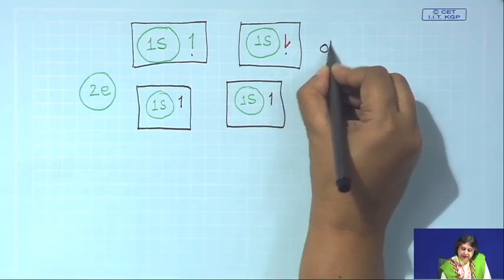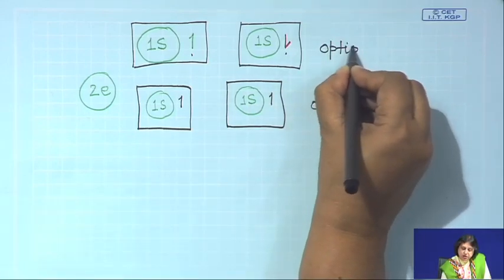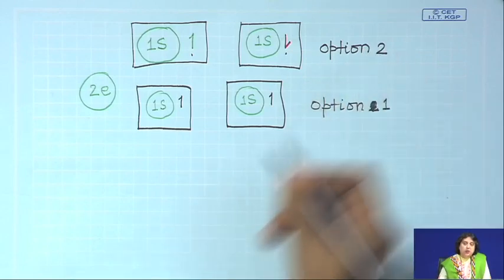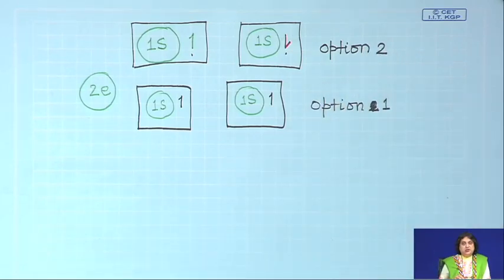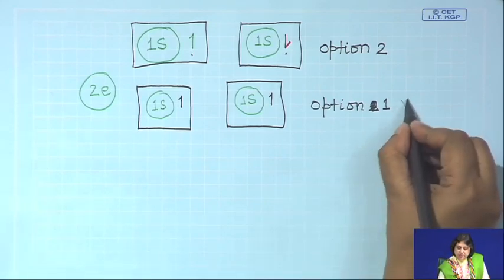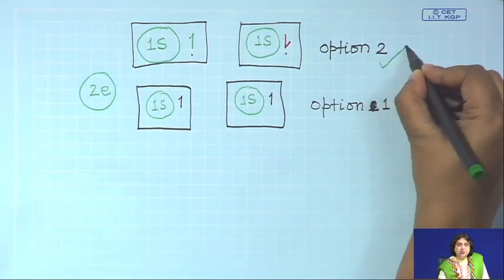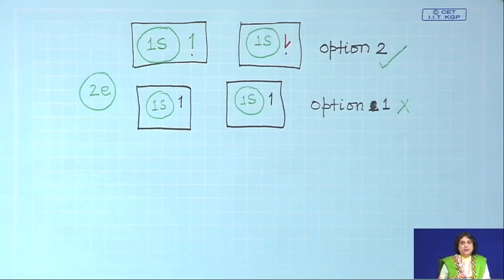So, let us say that this is my option 2. Now, from our knowledge of atomic structure, we know that option 1 is not valid, but option 2 is a valid option as put forward by the Pauli exclusion principle.